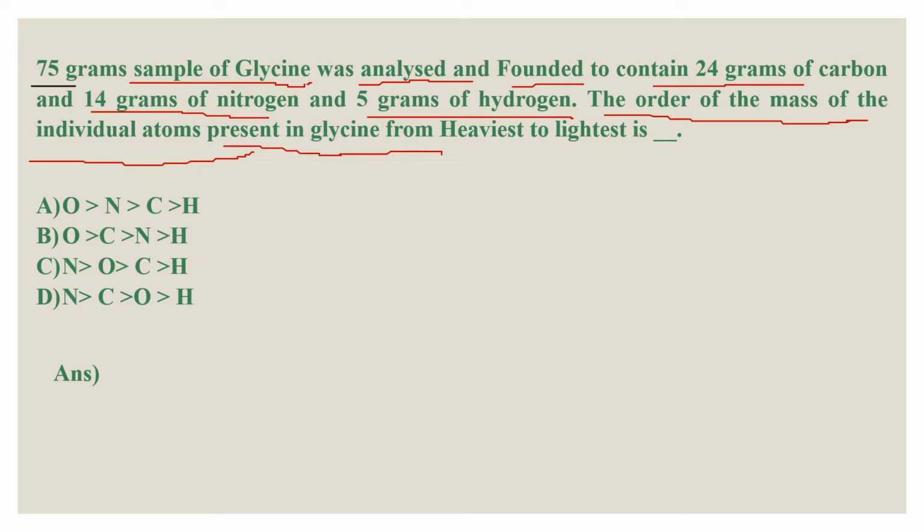Generally, here what happened? Here we are having oxygen, carbon, then nitrogen, then hydrogen. So indirectly the mass of oxygen is 16, nitrogen is 14, carbon is 12. Why these masses? These atomic masses are always constant.